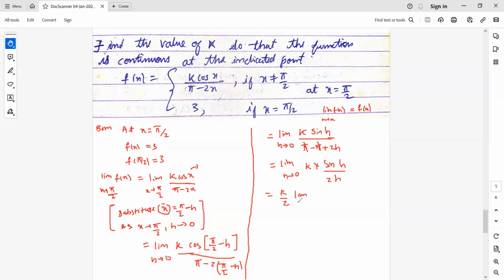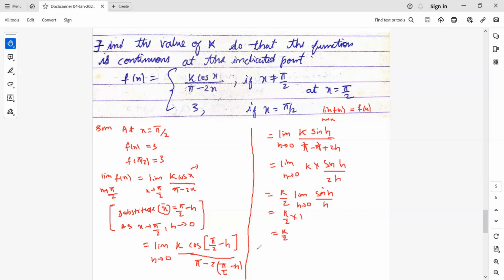And we will write it as limit of h tends to 0, sin h upon h. The limit of sin h upon h as h tends to 0 is equal to 1. So we get k by 2 into 1, which is equal to k by 2.